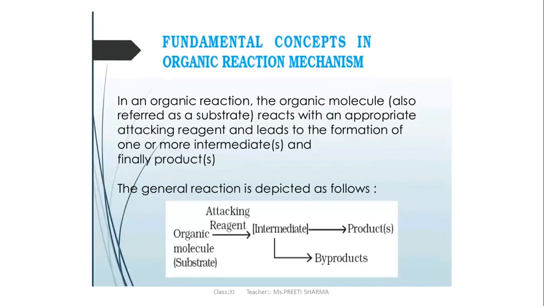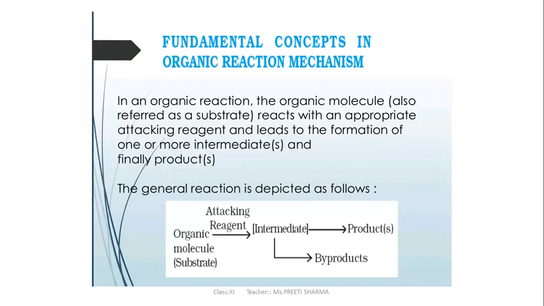Next part is fundamental concepts in organic reaction mechanism, students. So now we're dealing with organic chemistry. You should know what are substrate, what are products, what are attacking reagents, right? The substance we're talking about, that is the organic molecule, is known as the substrate.